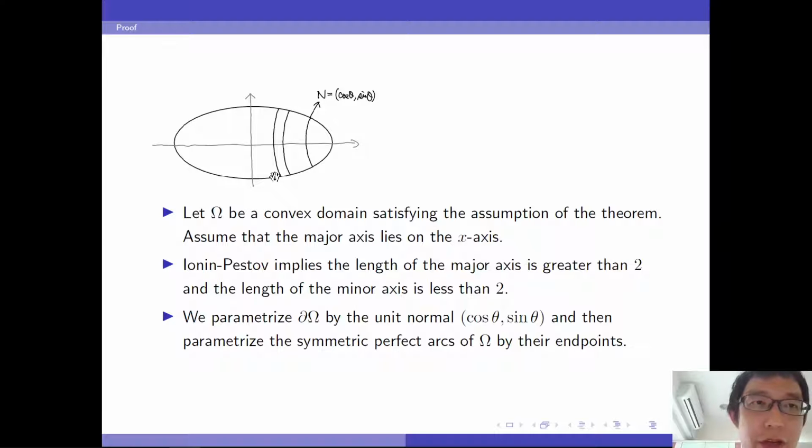But here we only need the trivial fact that they serve as an upper bound for the isoperimetric profile. So if the lengths of these perfect arcs are bounded from above by the corresponding quantity in the unit disk, we will get the comparison for the isoperimetric profile.